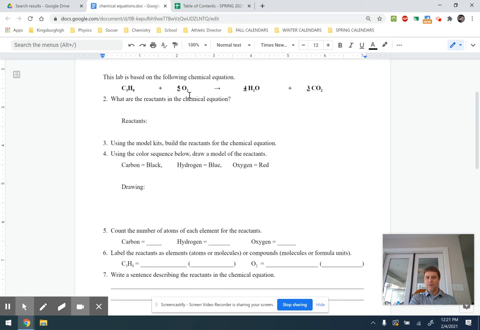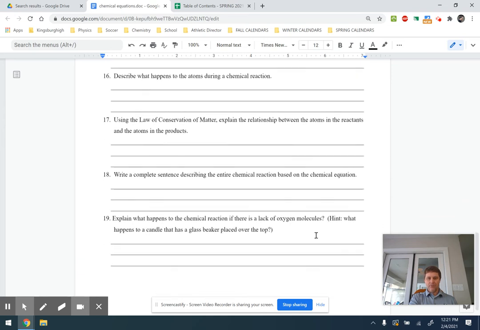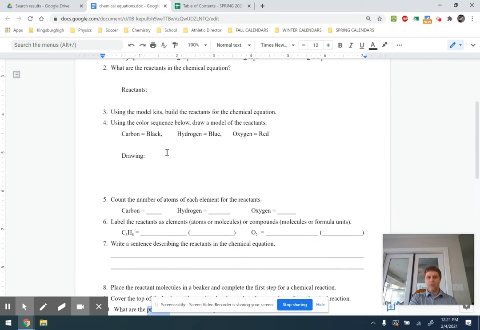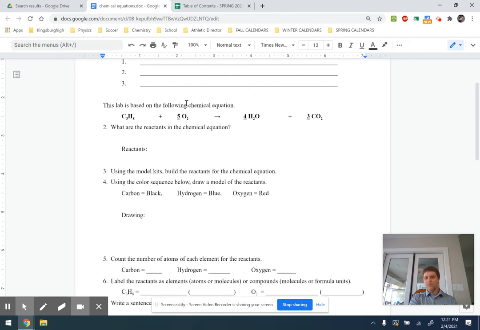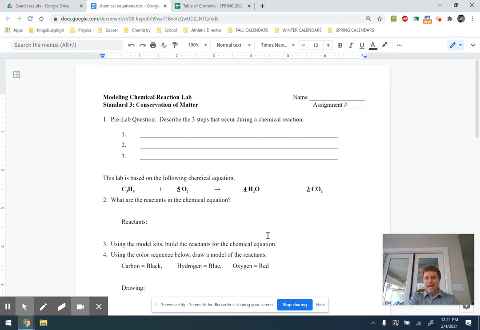If you don't have one of those, then you're not going to be able to allow that reaction to happen. It's the same thing that happens when you place a glass beaker over the top of a candle. Eventually, the candle will go out because there won't be any more oxygen to be used for the reaction. I hope this helps in setting up the modeling chemical reaction lab.